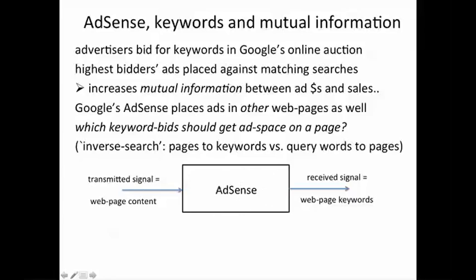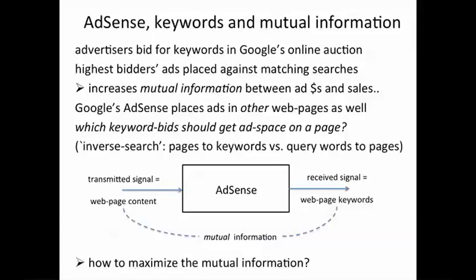The channel that enables you to do this is AdSense, which is Google's technique to guess keywords from content, and it tries to maximize the mutual information between these two signals. Search, on the other hand, is the reverse. You're given some keywords and you want to find those pages which best match the keywords that you chose.